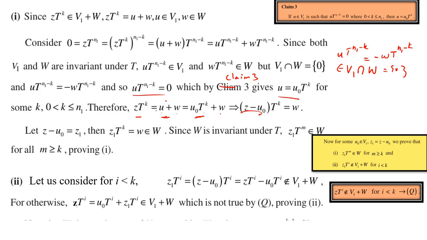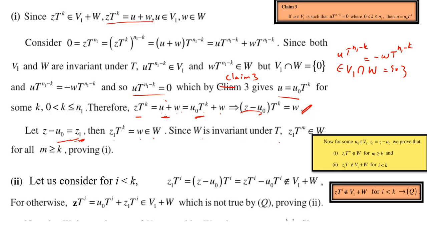So taking this to the other side, Z minus U naught T power K is W. So this is what we have up to this: Z T power K is U plus W, of which U is nothing but U naught T power K. When it is taken to the other side, that's what we get. And we shall take this as some Z1, so that Z1 T power K, which is equal to W, is a member of capital W.